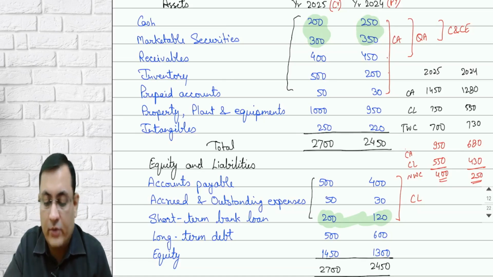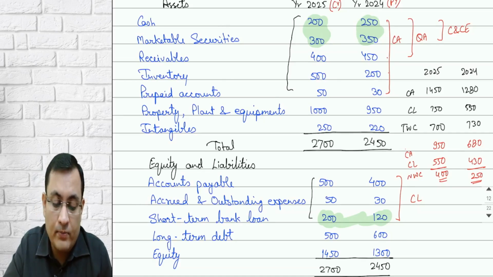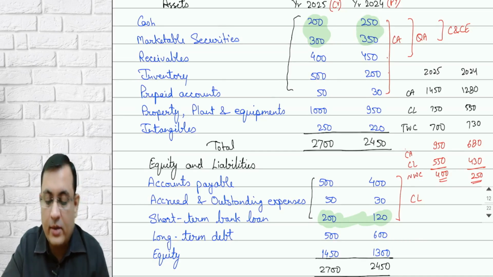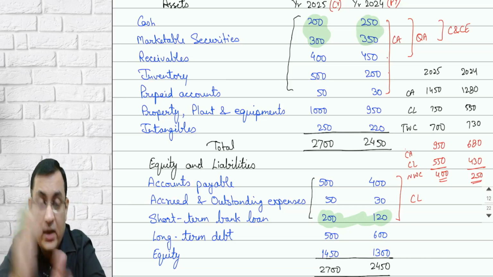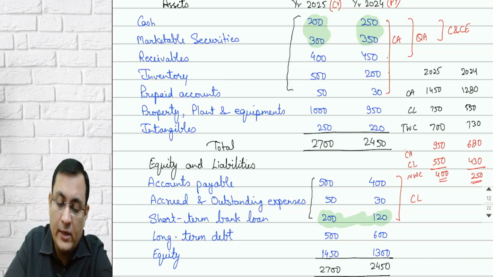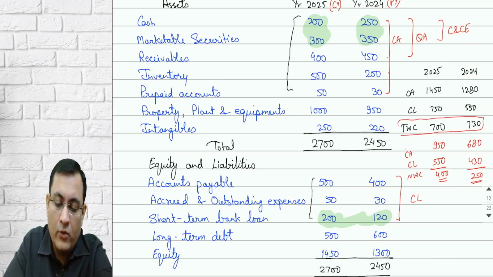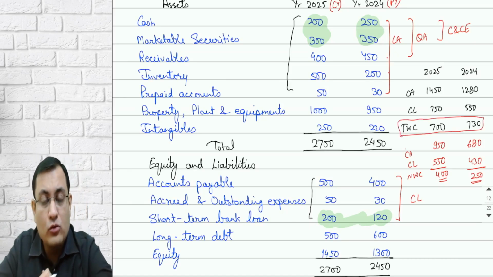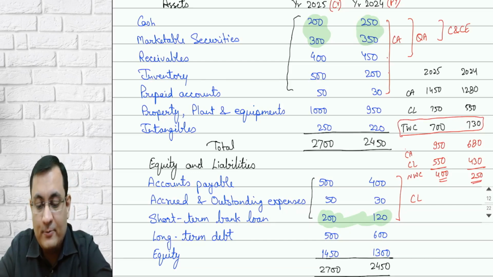So 250, and this one is 950 minus 550, so it is again 400, correct? So from 250 the NWC increased to 400, whereas your TWC from 730 reduced to 700.